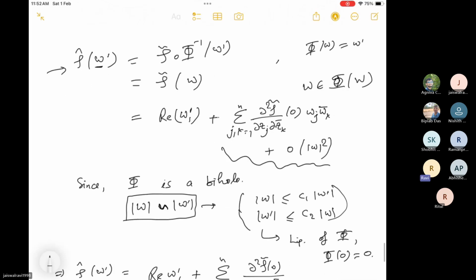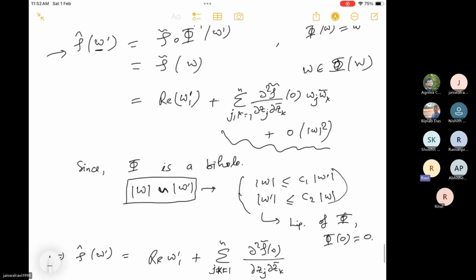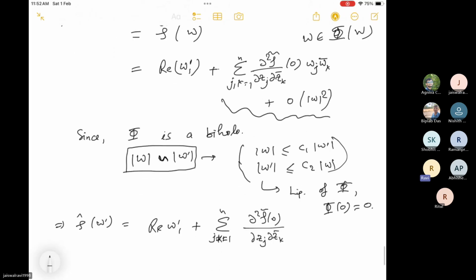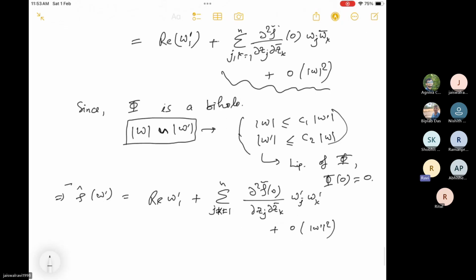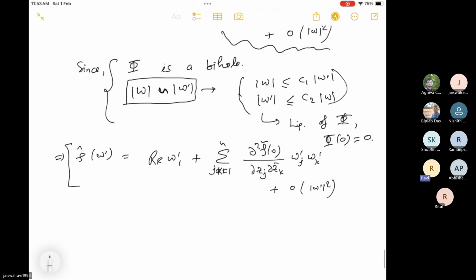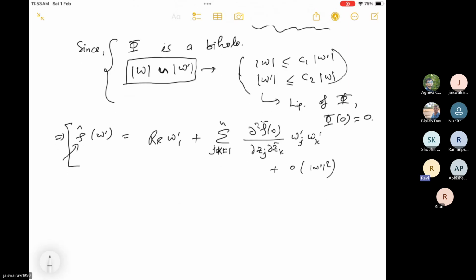So basically W1 is equal to W1 prime plus some big O of mod W square. You can check that this is exactly wj prime wk prime plus little o of mod W prime whole square. So this you can check using this thing. It is easy.